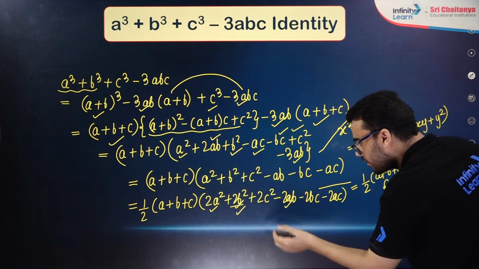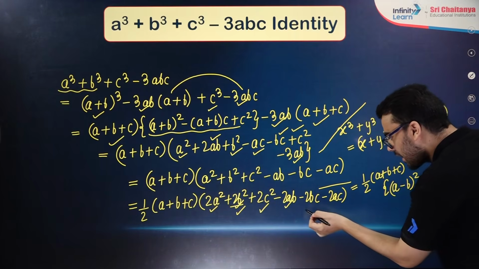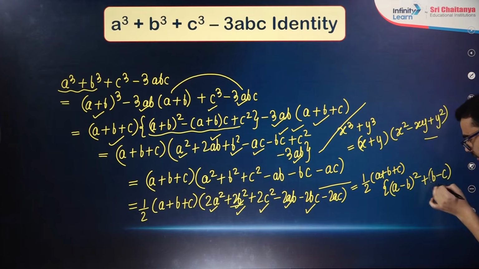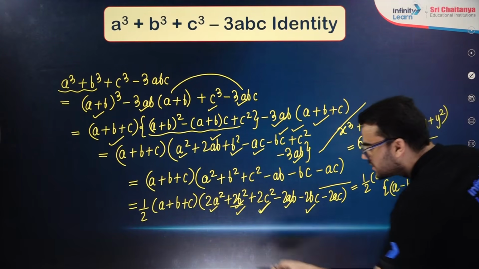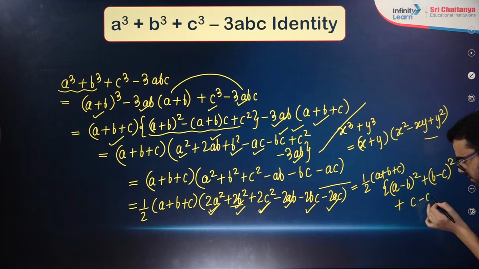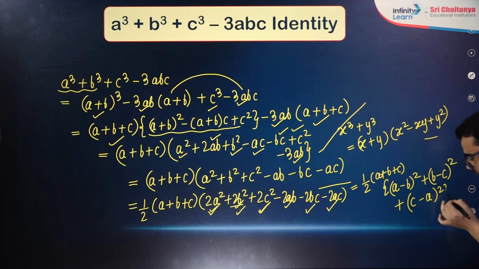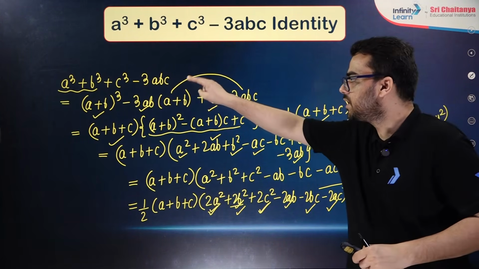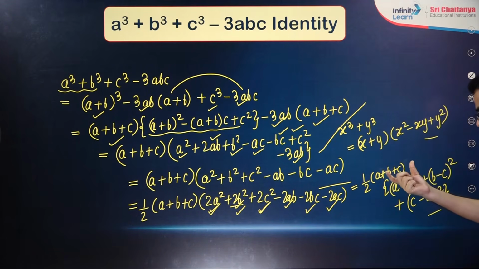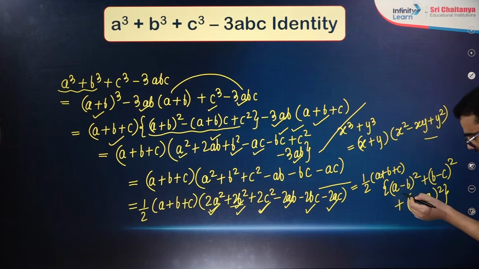So b² from this and c² from this and −2bc. Isn't it (b − c) the whole square? Then in the same manner, c² from this and a² from this and −2ac. Isn't it (c − a) the whole square? Tell me. So that is another important result, that a³ + b³ + c³ − 3abc is equal to half into (a + b + c) into this thing.